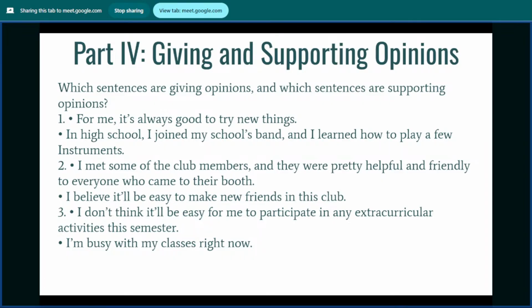I am busy with my classes right now. It's again a supporting opinion, right? Yes, that is the supporting opinion. The first one is purely an opinion, not supporting: I don't think it will be easy for me to participate in any extracurricular activities this semester. Why? The reason is given there: I am busy with my classes right now.